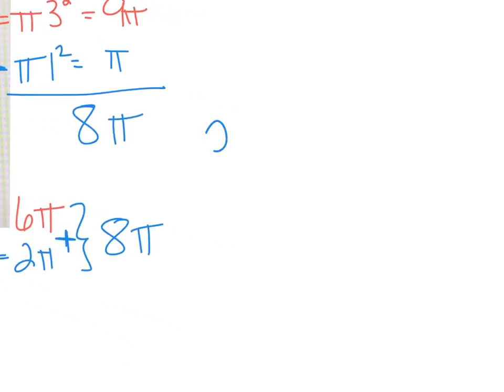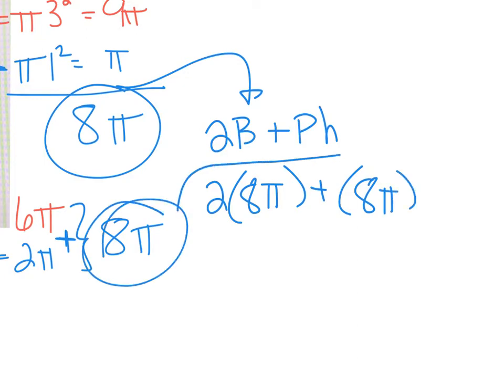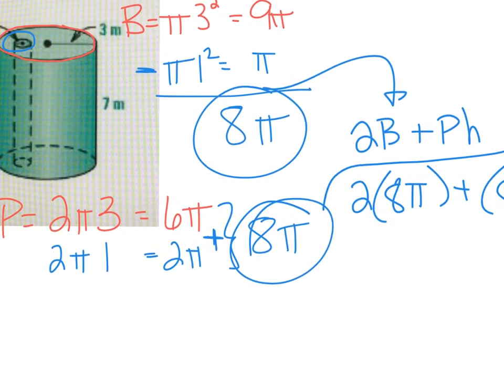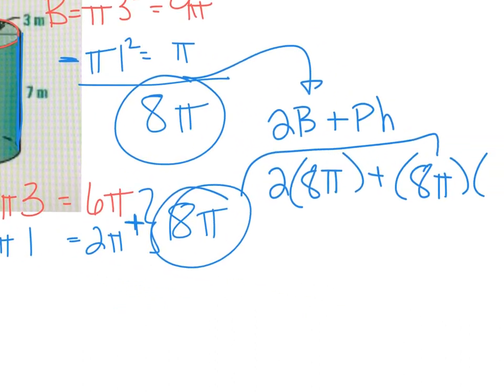Okay, so then your formula 2B plus Ph becomes 2 times 8 pi, because your base area is 8 pi, remember, plus the perimeter, which in this case is also 8 pi, times the height. And the height is 7, because the height is the distance in between your bases.